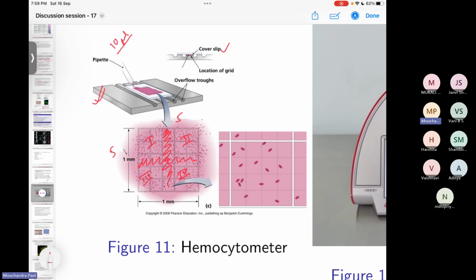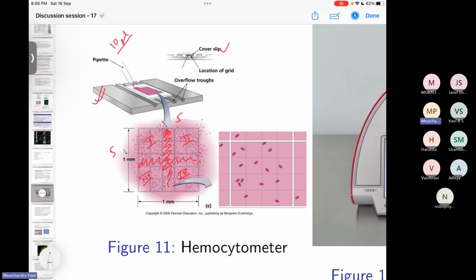These squares help you understand how many cells are inside the boundary. We don't count the cells outside the square boundary. We count manually, observing under the microscope the number of cells in each quadrant, and then we take an average and use the unitary method to calculate the number of cells per ml.